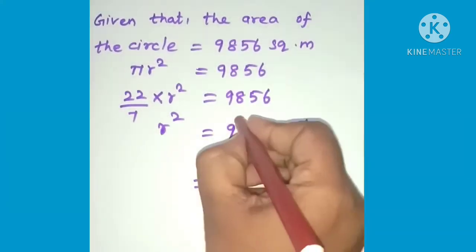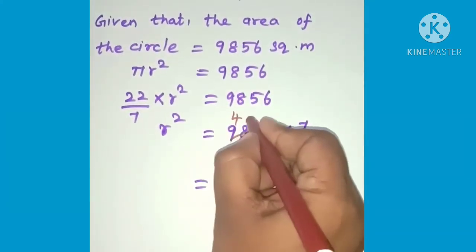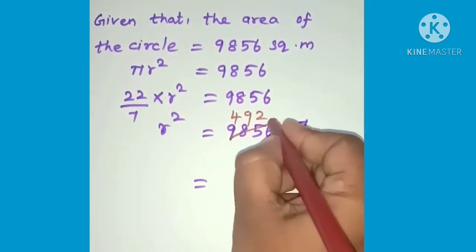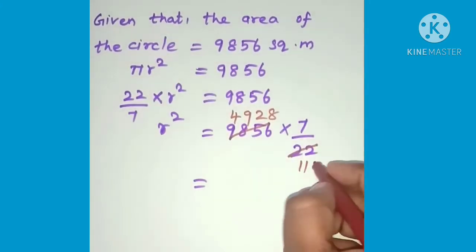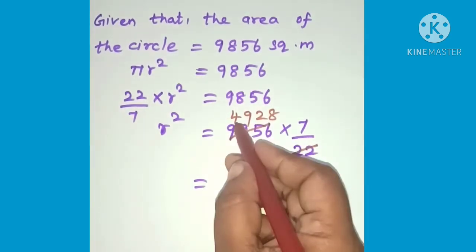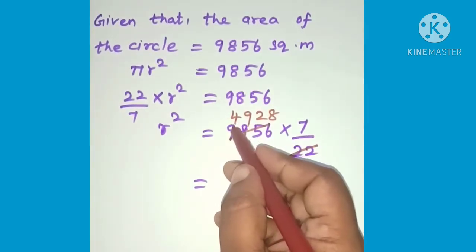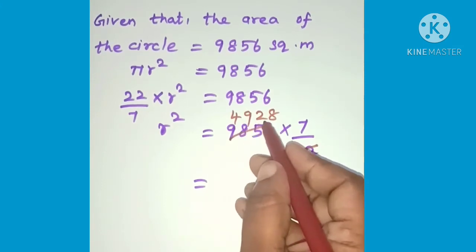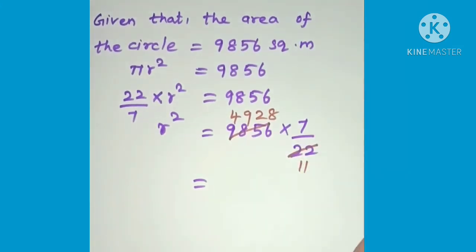Now cancelling 9856 by 22 by using the 2 table. So 11 times, here it is 4, 9, 8 times. So again we can cancel 11 and 4928 by using the 11 table.